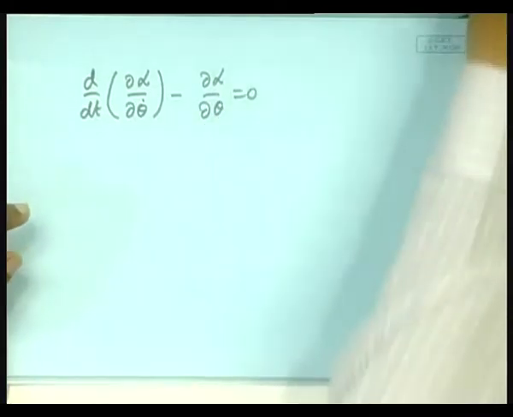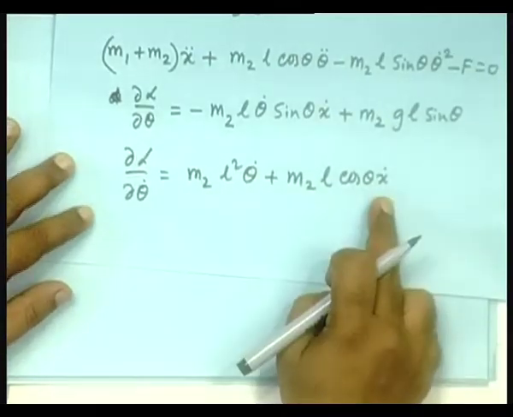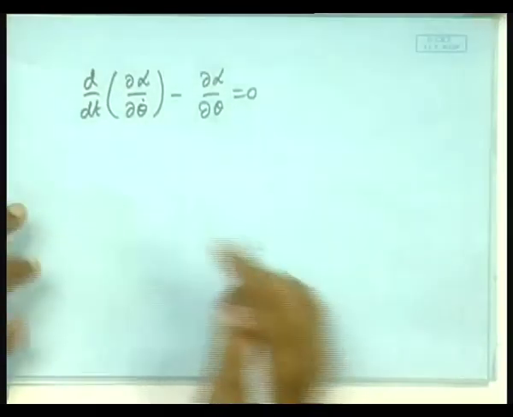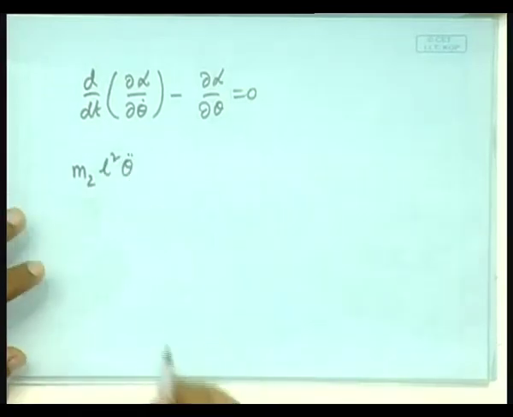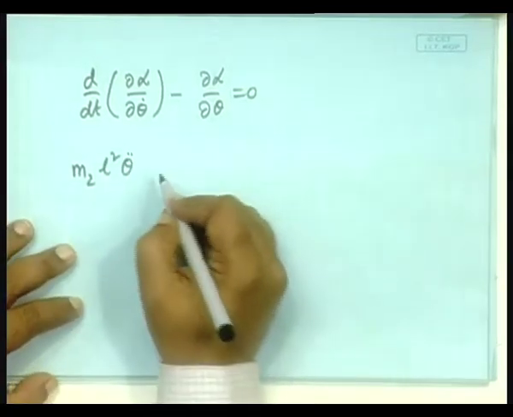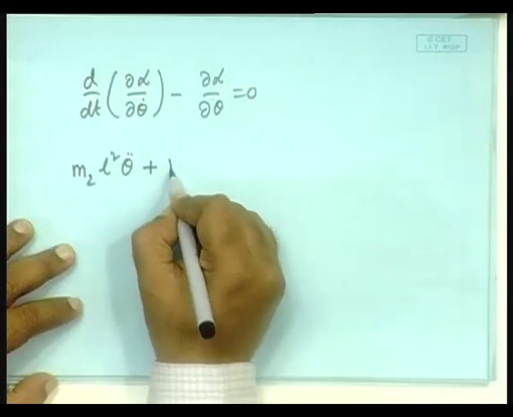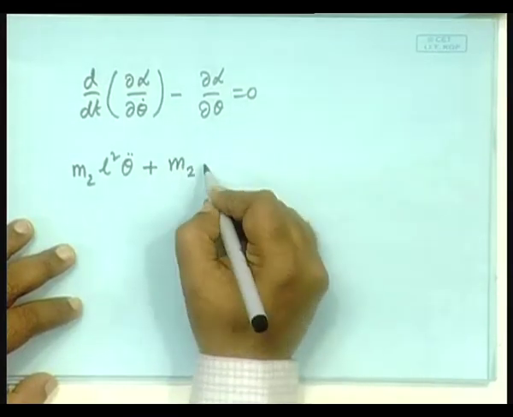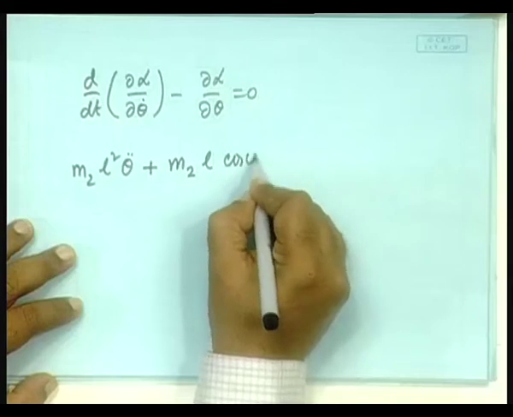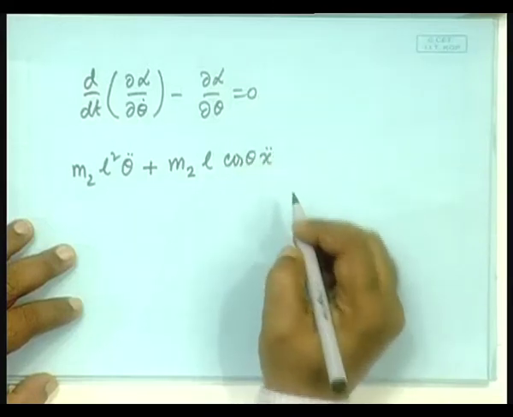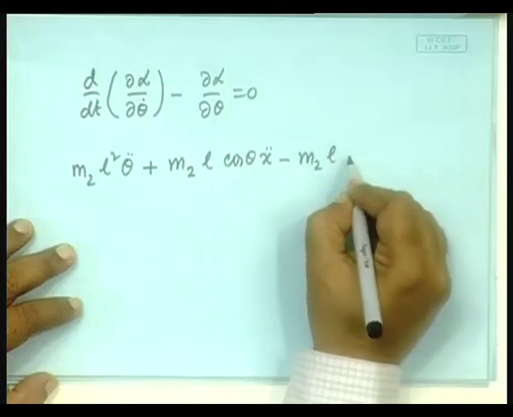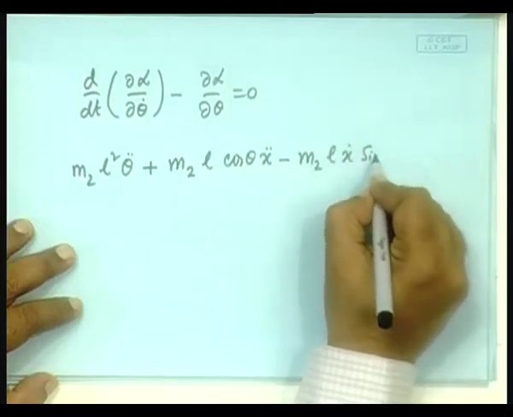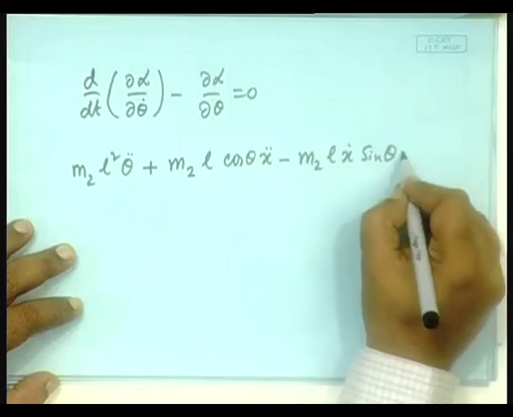Now again take the derivatives properly when you write this. The first term is simple, m2 L square theta double dot, no problem here. Next term we will have a problem, plus m2 L cos theta x double dot minus m2 L x dot sin theta theta dot.